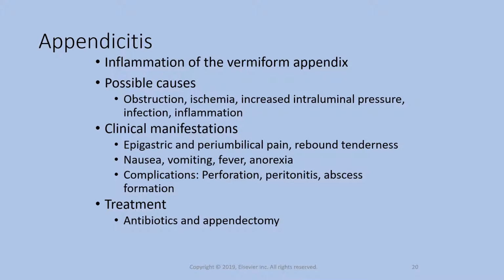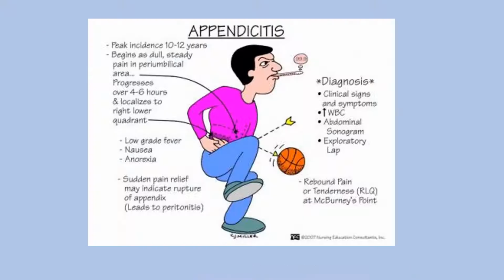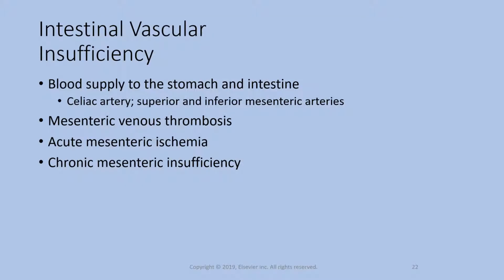Right now, we treat most acute appendicitis with a course of antibiotics to see if they can ride it out without having surgery. Obviously, if it's perforated or there are symptoms of perforation, then you have to have surgery. Clinical signs and symptoms include increased WBC, abdominal sonogram, rebound tenderness, and pain.